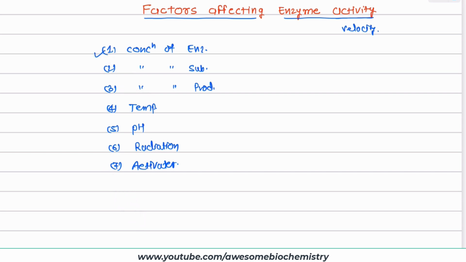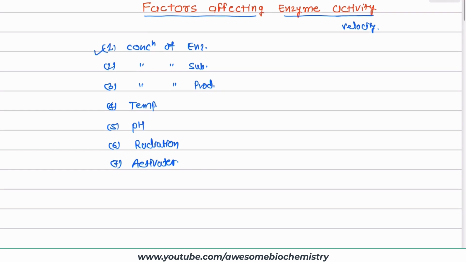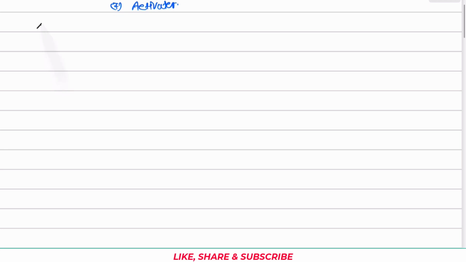So the first one is the concentration of enzyme. One thing is obvious, that if we increase the amount or concentration of enzyme in any reaction, it will, in direct proportion, lead to an increase in the velocity of reaction.